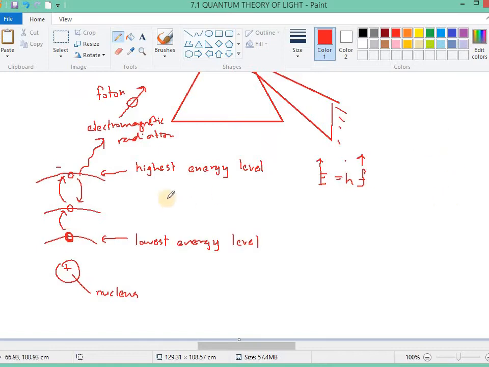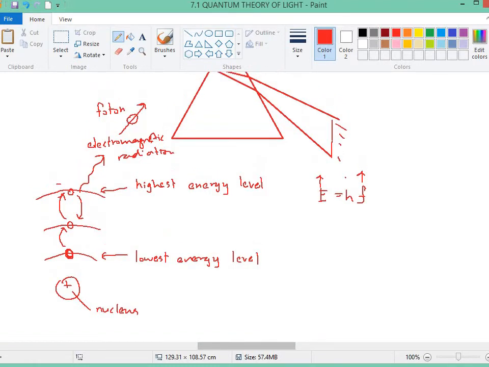Okay, so by detecting the frequency of the photon that is emitted, we will be able to identify what type of atom this is, what element exists within a certain material.